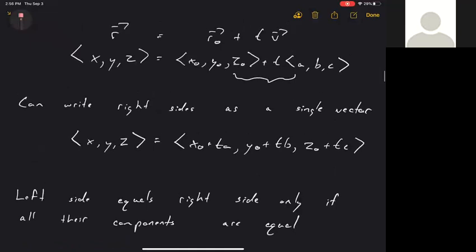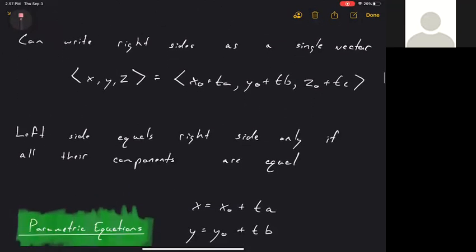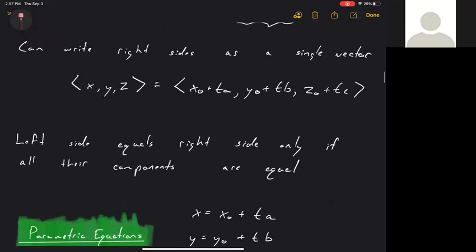And this is just using our basic properties of vectors. So the component here in that first slot would be x sub 0 plus t times a, then y sub 0 plus t times b, z sub 0 plus t times c. Now, remember that two vectors, let's say vector a and vector b, are only going to be equal if all their components are equal.